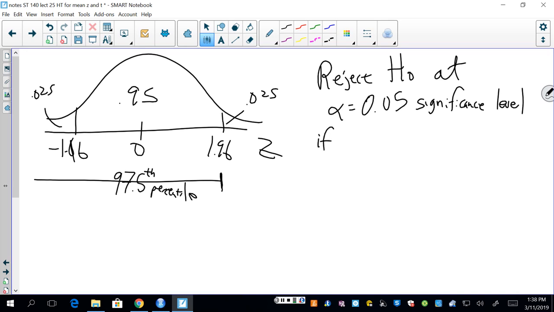If x bar is greater than u sub 0 plus 1.96 standard errors, sigma over square root of n, or if we're also interested in low values being unusual, then u sub 0 minus 1.96.